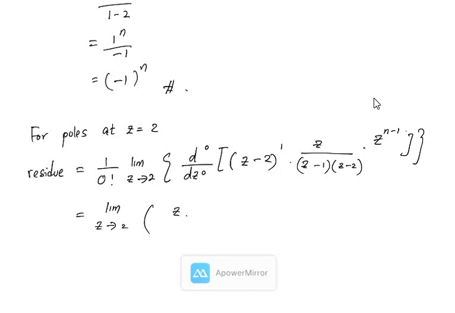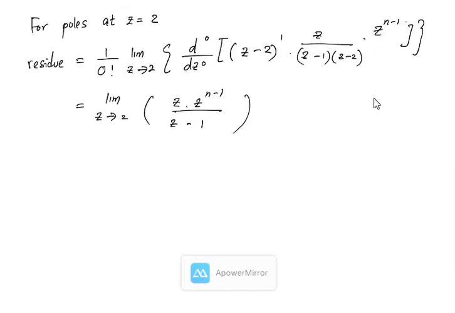So this is z times z power of n minus 1 divided by z minus 1, which is equivalent to z times z power of n divided by z minus 1. So this one can cancel out. I substitute z equal to 2, so I have 2 times 2 power of n minus 1, so I have 2 power of n.